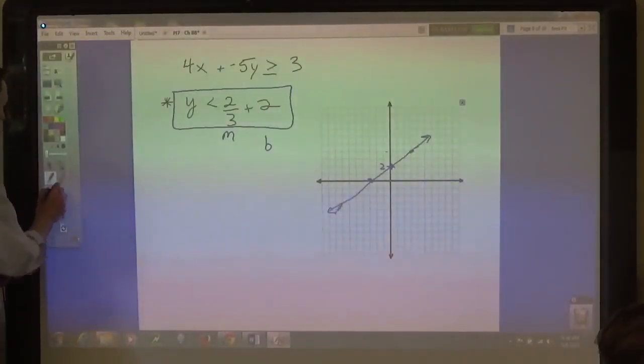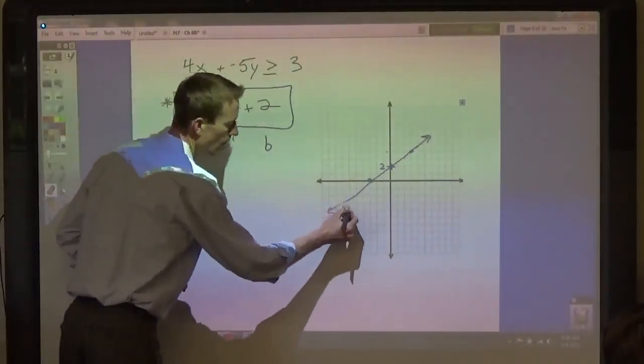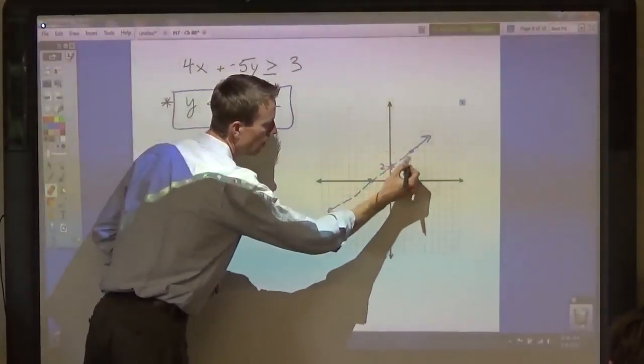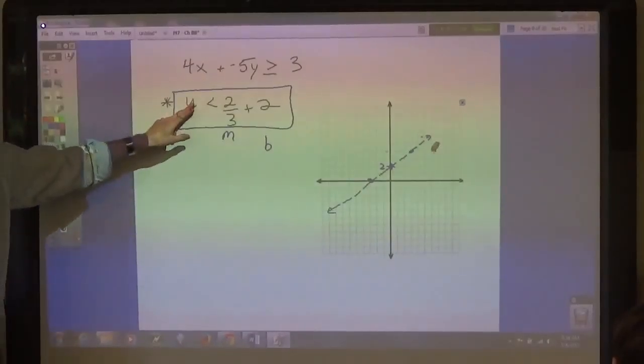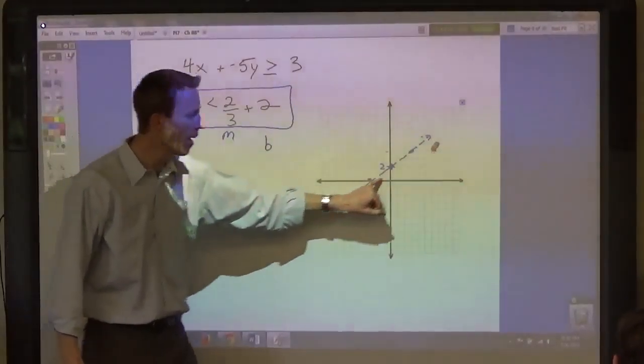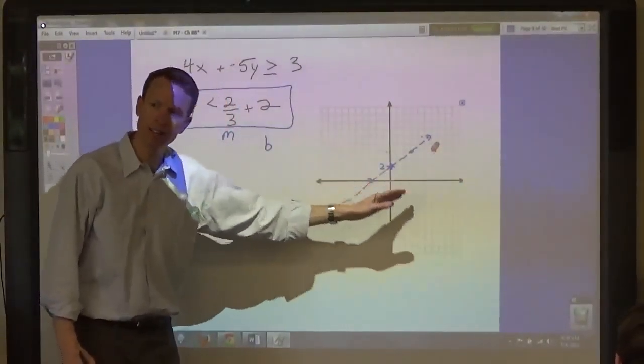It's a dashed line, yep. We make it a dashed line to show that our answer is not on this line. It's on one side of the line.